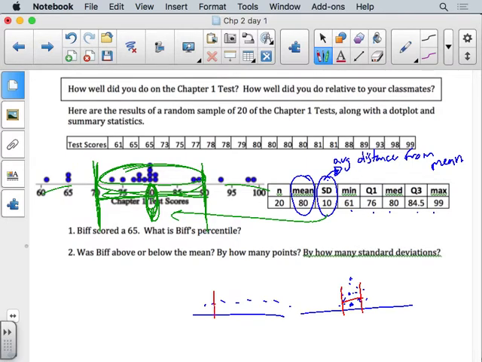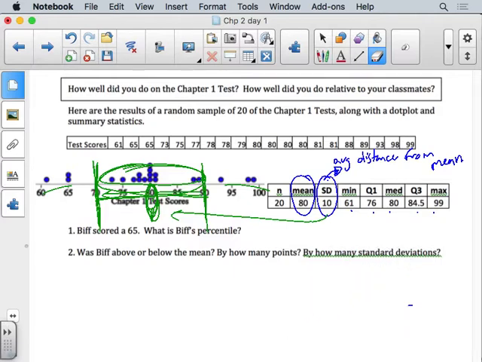For that one, to get an average, I have to go wider. So this would be a small standard deviation, and this would be a bigger standard deviation. Just to make sure we're all on the same page. I had a mean of 80, and I had an average distance of 10 from the mean.